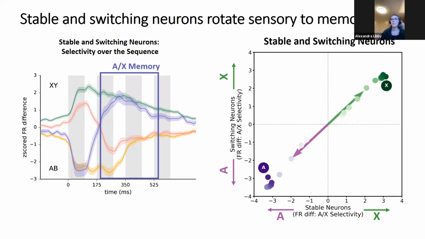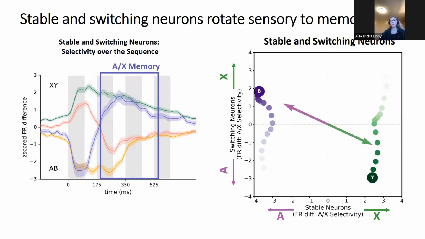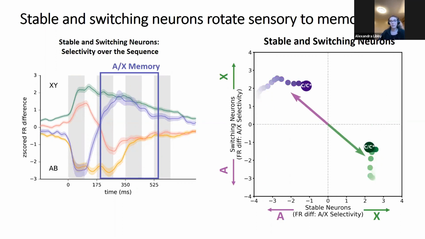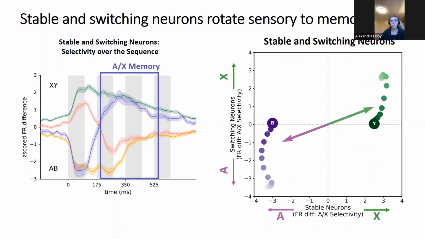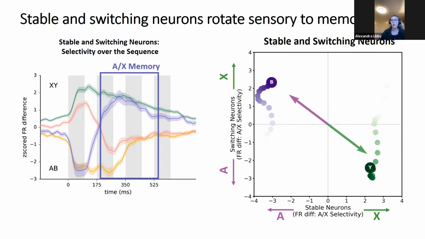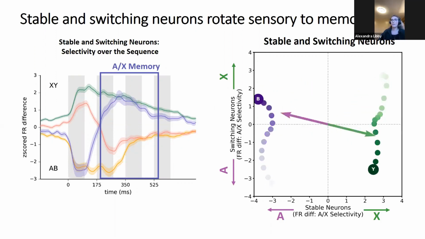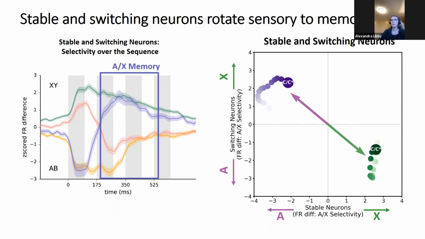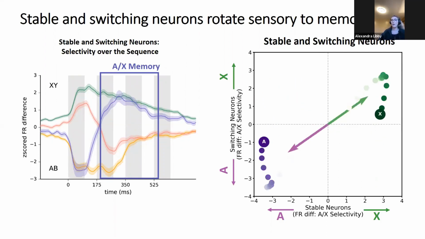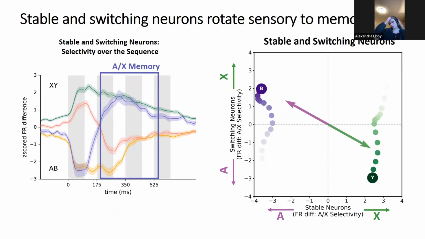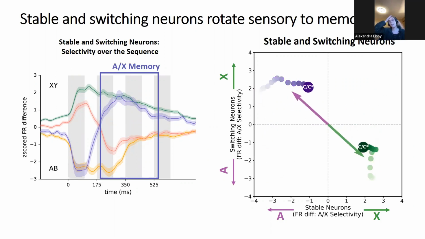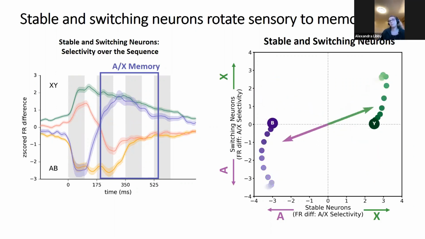All right, so how does the information change over the course of the sequence? So what you can see is that stable neurons maintain their selectivity, but switching neurons switch. So if you're following the green trajectory, you can tell, okay, these neurons initially preferred X. So they started in the upper right corner, and then they drop down.